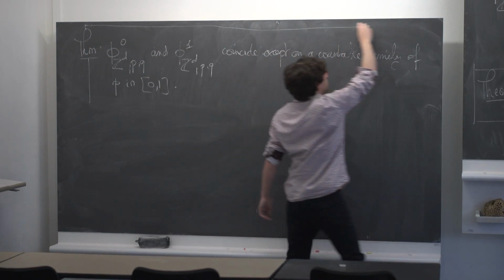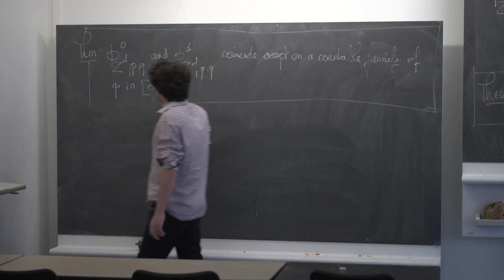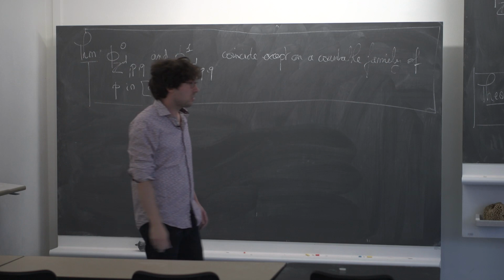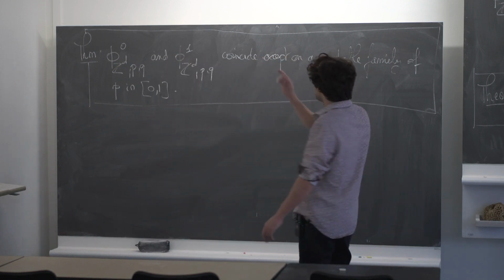So for every fixed q, in fact, there are only countably many p for which phi 0 is not equal to phi 1.